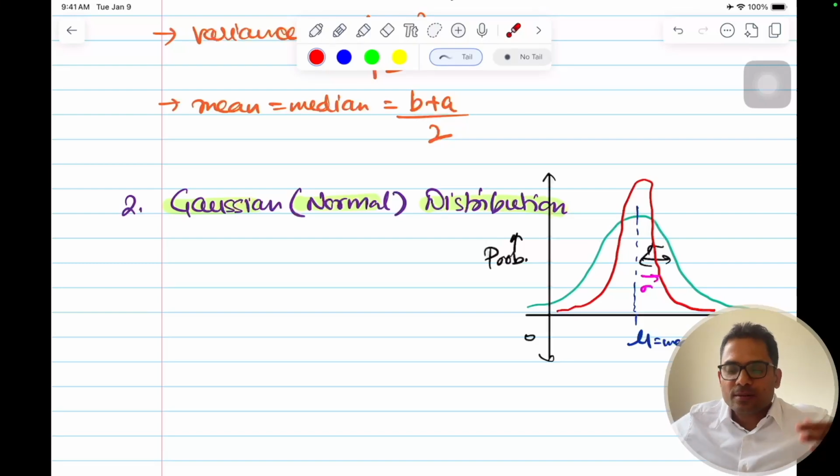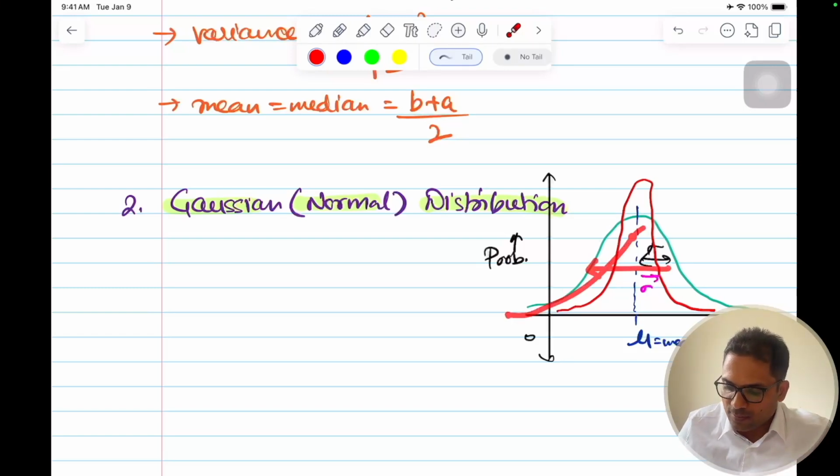As it spreads out, the spread or the variance of the data is very large. It means we have a lot of variety or a lot of variability in the data. If it is thin, everything is around the mean only and there's not much change. If the spread is large, there's more variability in the data, that is, more different types of data are present.